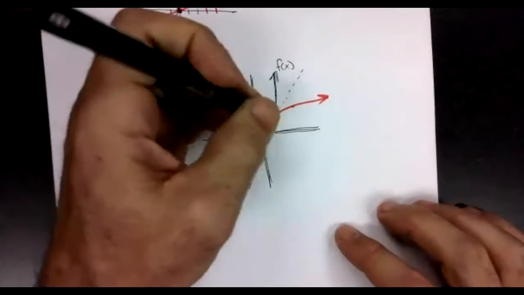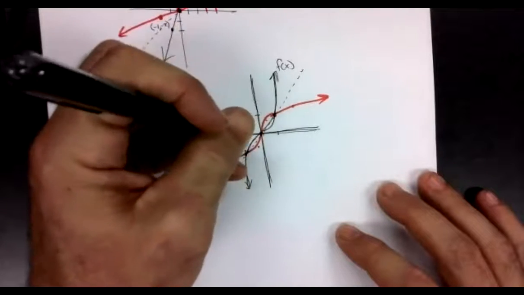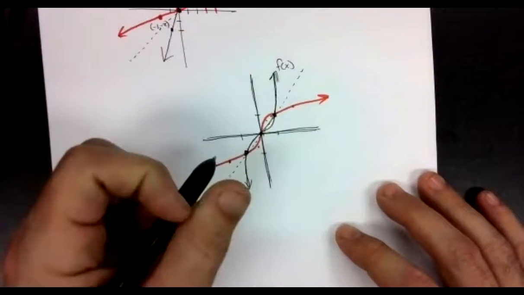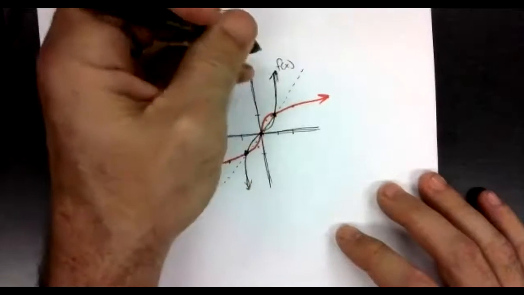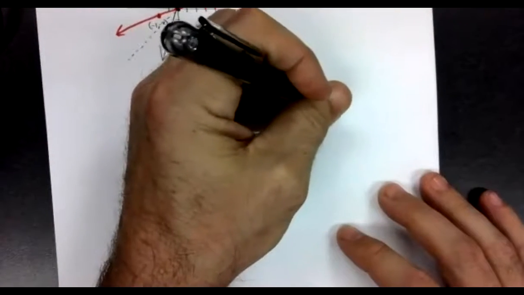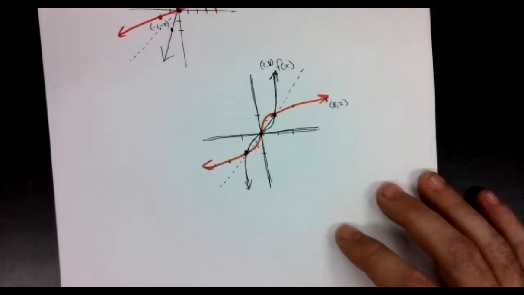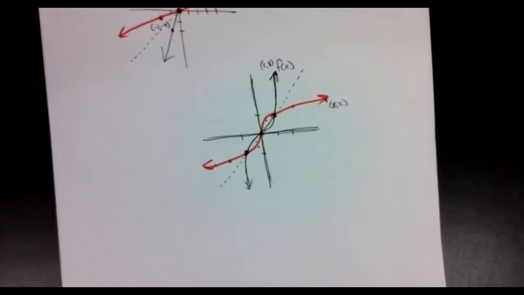So like 0, 0, and then that's 1, 1, that's -1, -1. So all of those points of intersection are the same. Then 2, 8 would be a point. So therefore, over here, 8, 2 is also going to be a point. So again, the inputs and the outputs just swap.